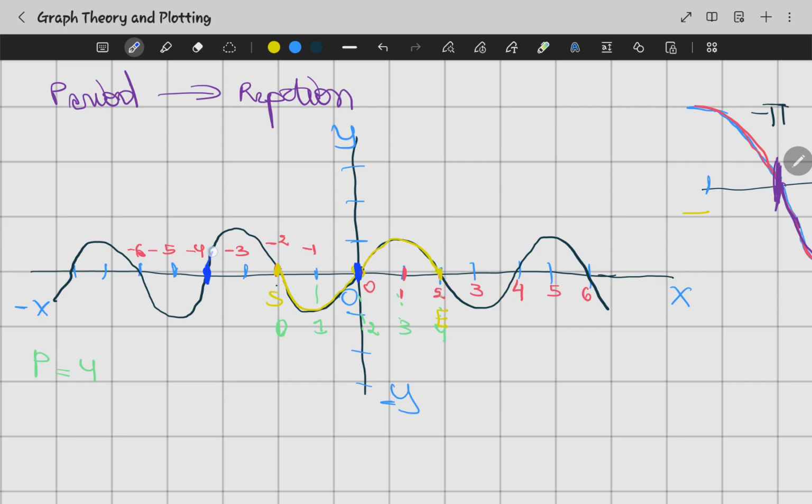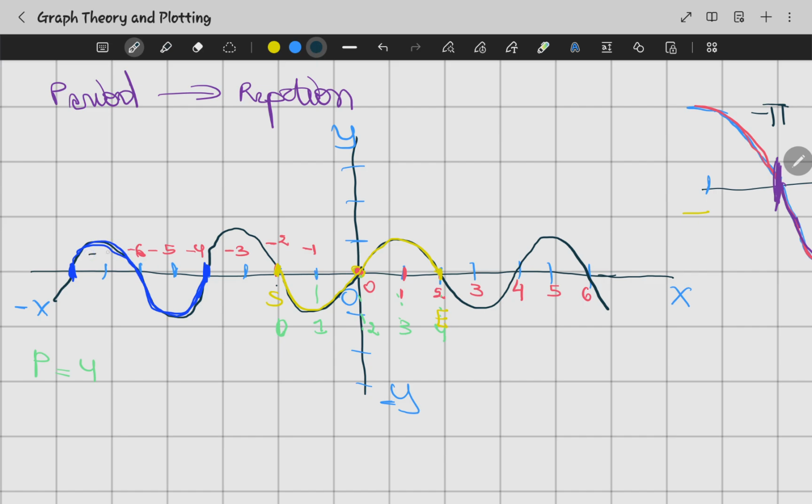So if you have to find the period between this line, or maybe I should just move to this section so that I make it clear to you. So this is where we start, and then we go there before the signal repeats itself.